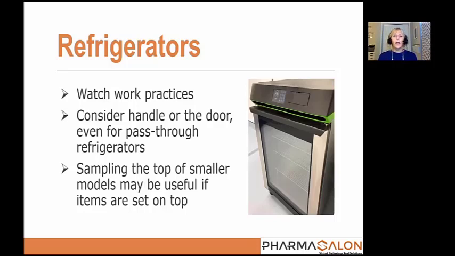If you have a lot of back and forth to this refrigerator that could directly impact the sterility of the CSP, then by all means, consider taking samples on there so that you can track the movement of those microorganisms. Ideally, if you can avoid having your refrigerator in your ante-room at all, that would be ideal.